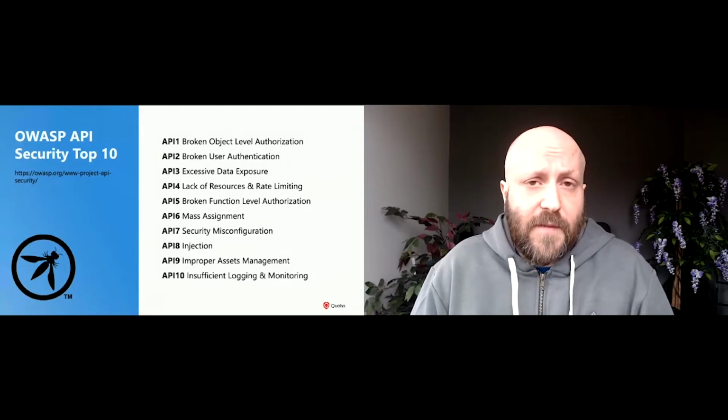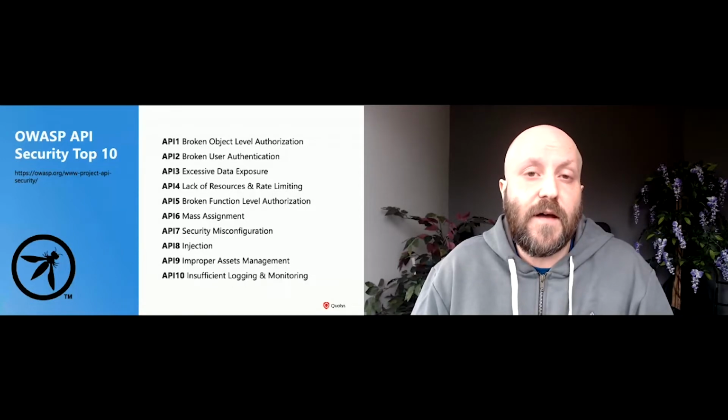For improper asset management, it's really about proper versioning of your APIs and not having debug endpoints available. And while you could test for some of those, you really should make sure you have a strong policy around that. And additionally, insufficient logging and monitoring is another item that's not typically going to be able to be tested, especially tested from the outside. So that's, again, another thing you're just going to have strong policy and procedure around.